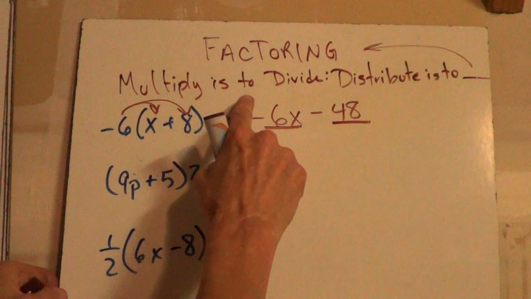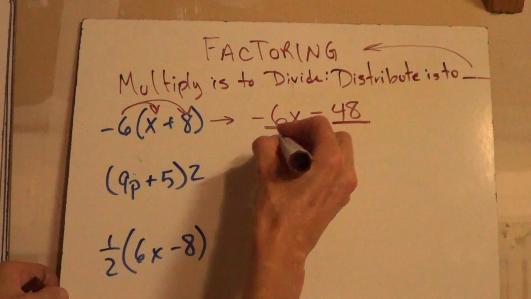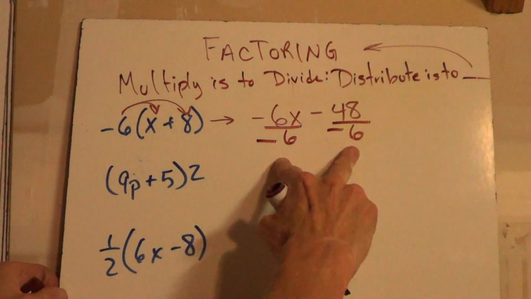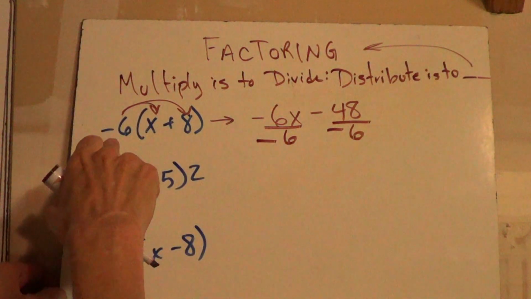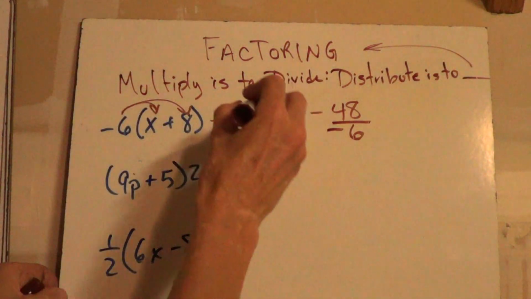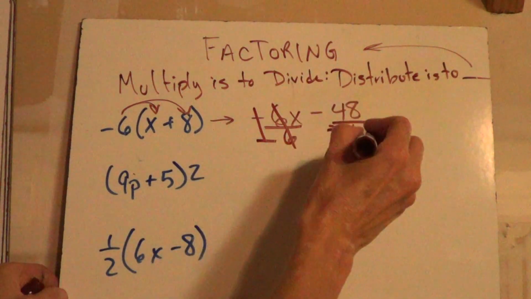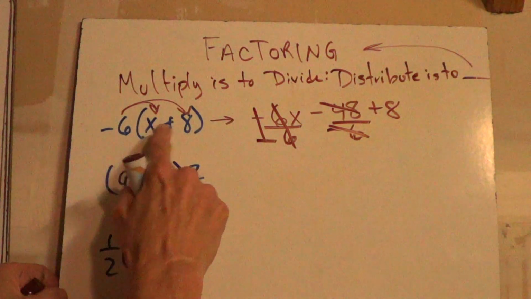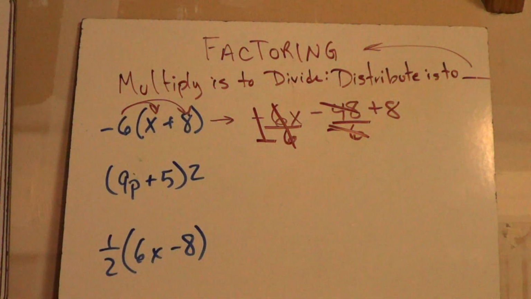Always take out the negative if it's on the front. So we would say, well, negative 6 will go into both of those. When you take that out, you write it to the front, and then you reduce what's left, and you would have x plus 8. Okay? The negatives would cancel there.